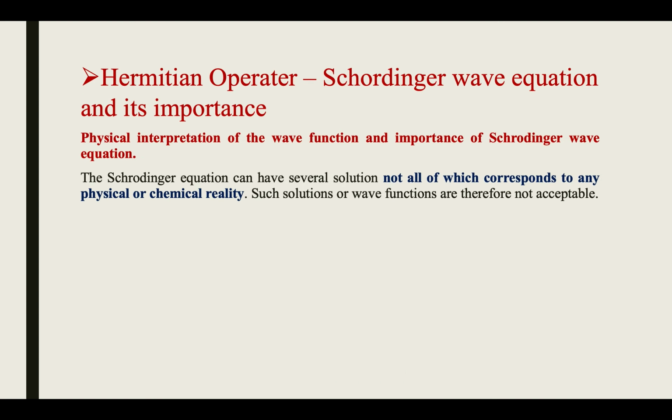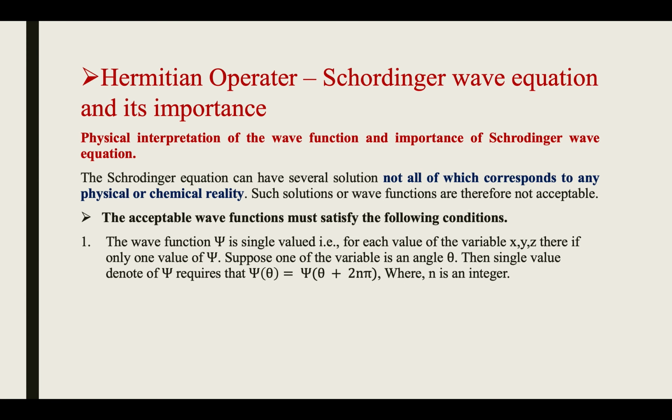Now we are going to see the physical interpretation of the wave function, which was given by Schrodinger, and the importance of the Schrodinger equation. The Schrodinger equation can have several solutions, not all of which correspond to any physical or chemical reality. Such solutions or wave functions are therefore not acceptable.